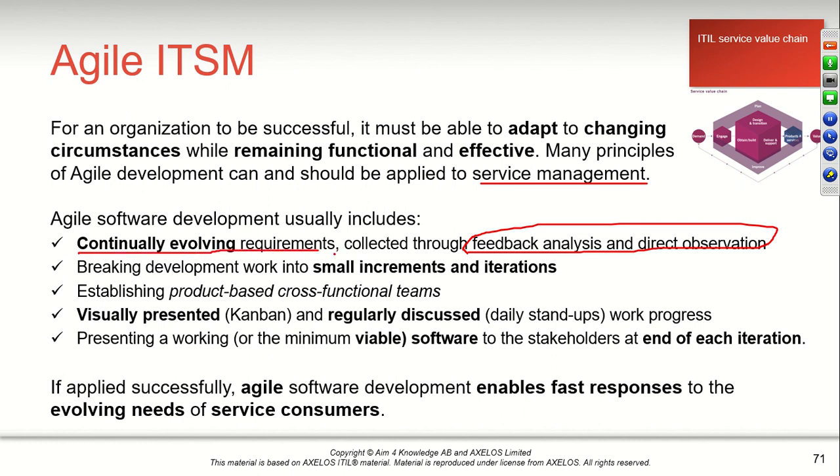So in agile, requirement is not made static. Requirement is not only given before a project begins. The requirement can also come in between the project. That is, all the requirements are not gathered up front. So in Agile, there is provision for a new requirement to come in through a feedback analysis or by direct observation.